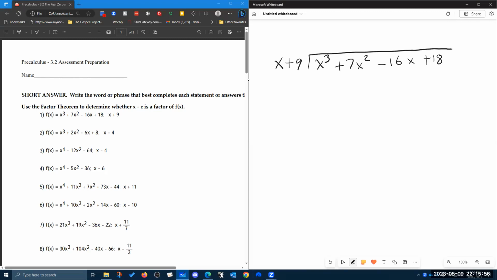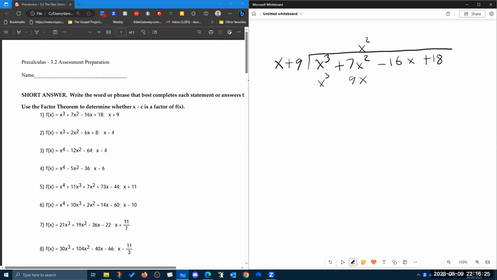We do not have any missing degrees in our dividend, so we're going to take the first term in our divisor into the first term in our dividend. x cubed divided by x is going to be 1x squared. Multiply x squared times x plus 9, get x cubed plus 9x squared.